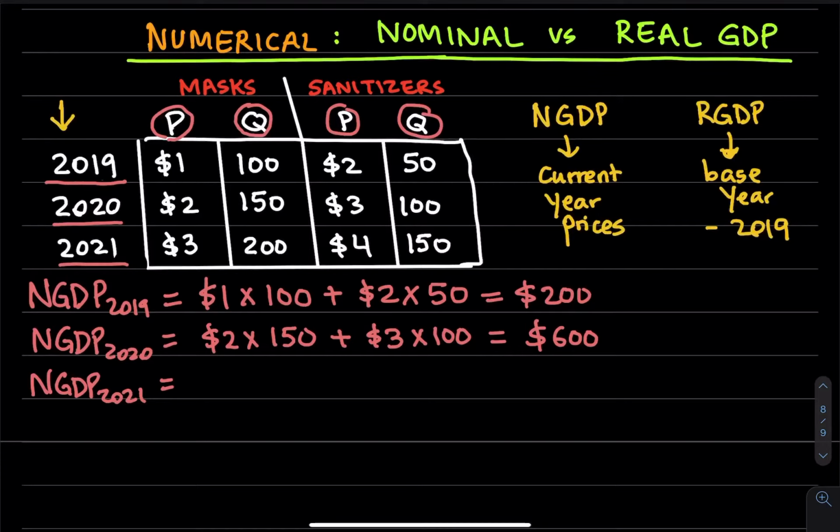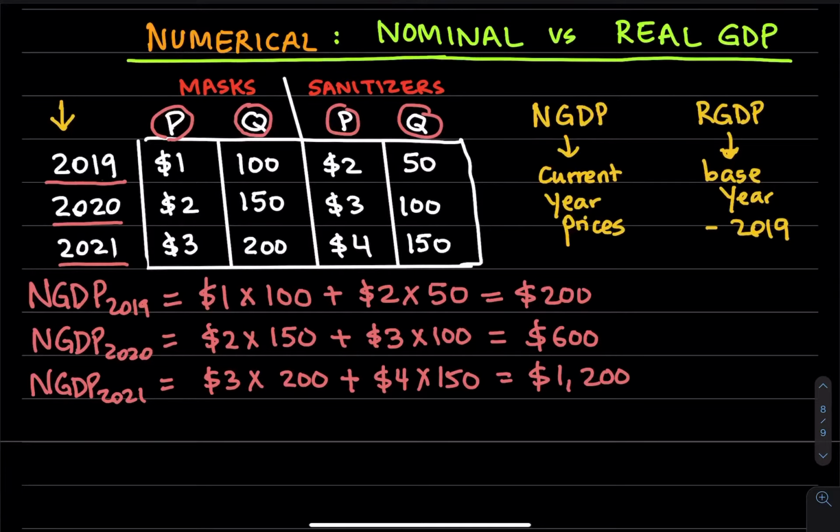And if you calculate that for 2021, then this is $3 for a mask times 200 masks. So again, P times Q plus $4 for a sanitizer times 150 sanitizers. And this is equal to $1,200. Okay.